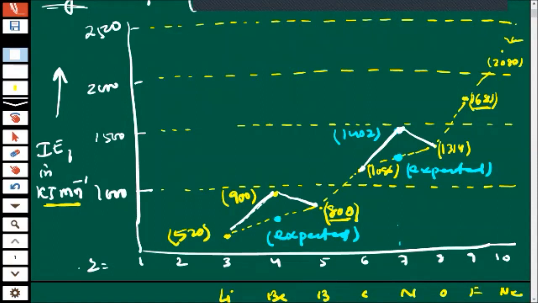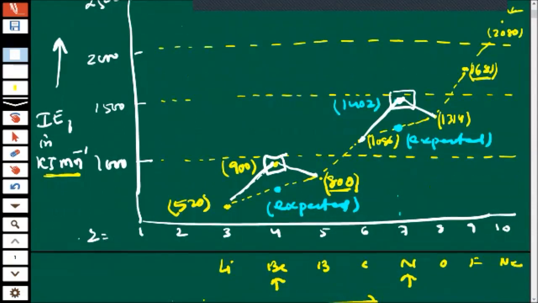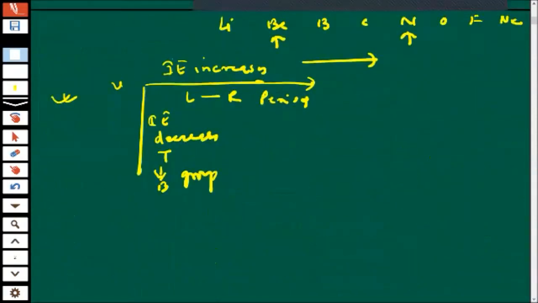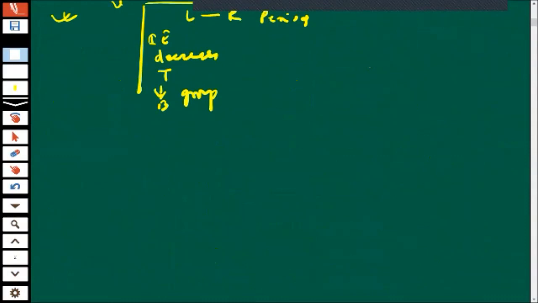So here two exceptional behaviors are there, children. So we have to give a reason or reasons why they are having higher value than the expected. Okay, so let us discuss the first case, nitrogen. Case of nitrogen or beryllium.